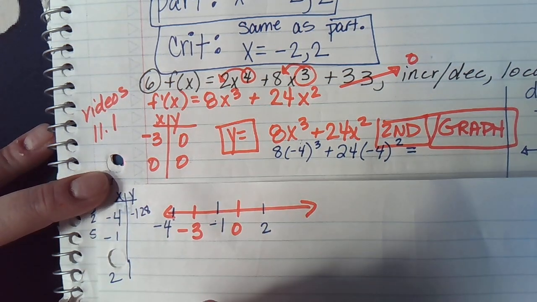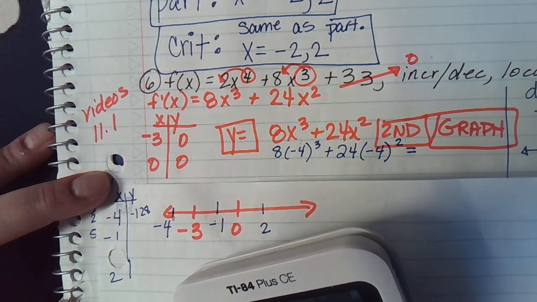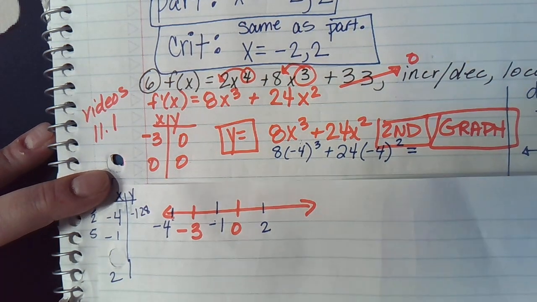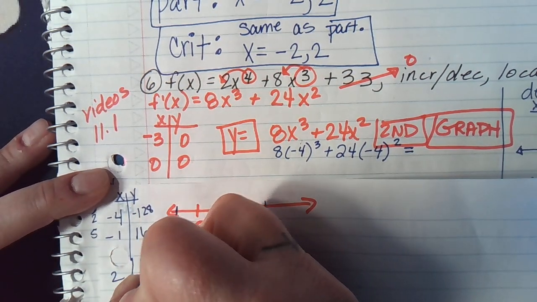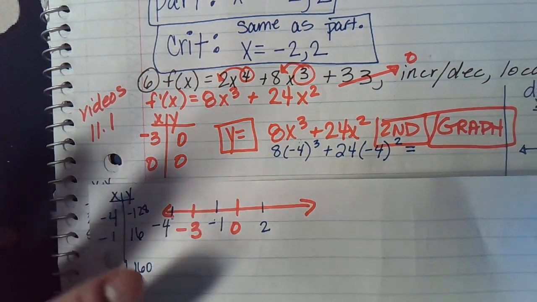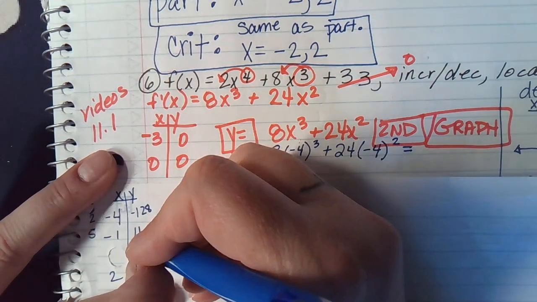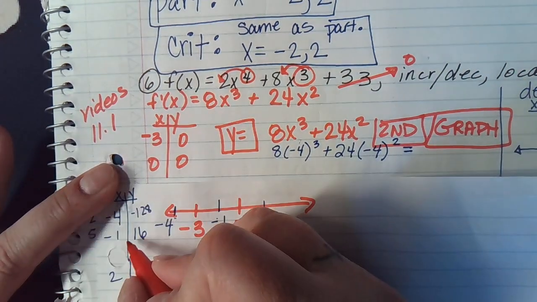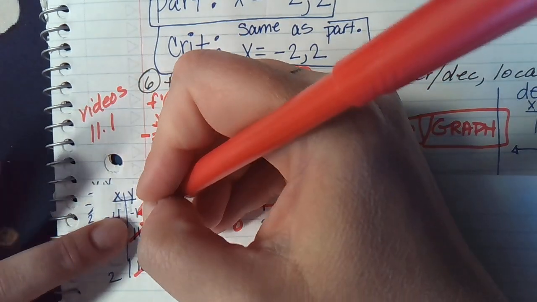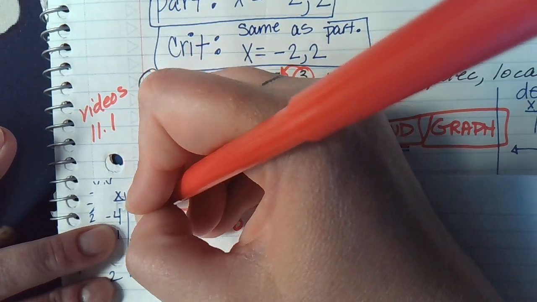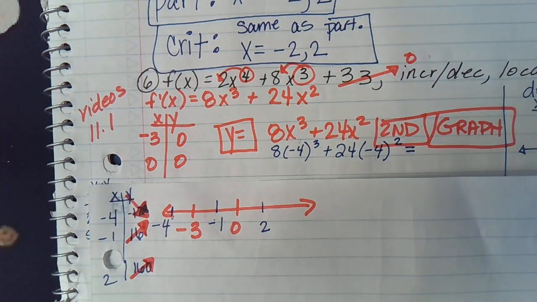Okay, then across from the -1 and the 2. Let's see. Across from the -1 is 16, and 2 is 160. Okay, so 16 and 160 are positive, so we're going to draw an up arrow. But that negative 128 is negative, so I'm going to draw a down arrow.